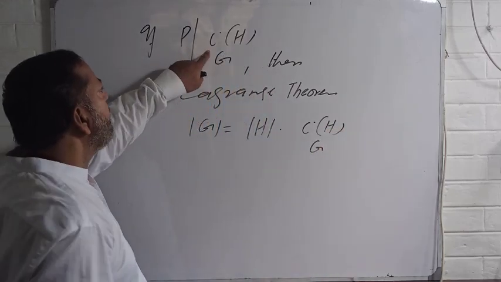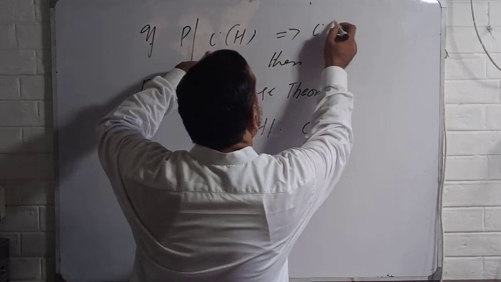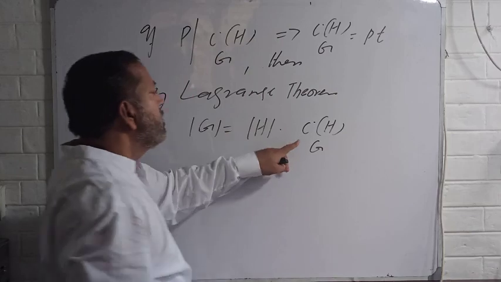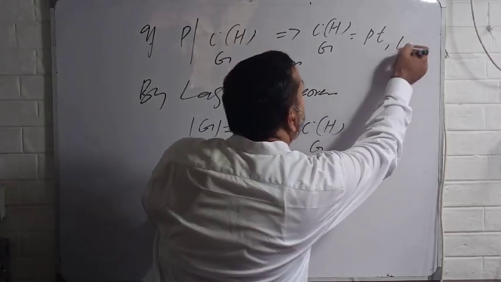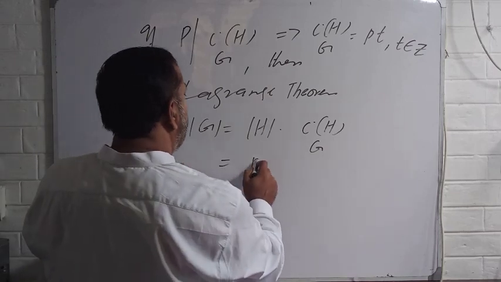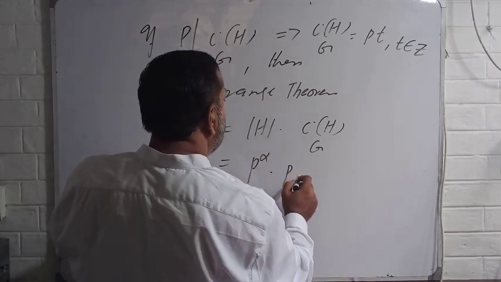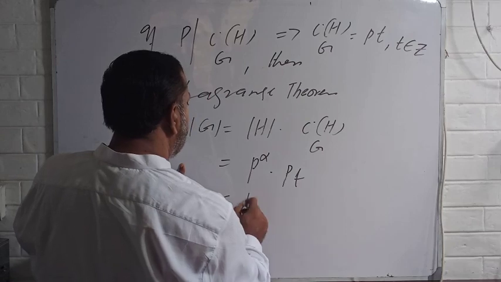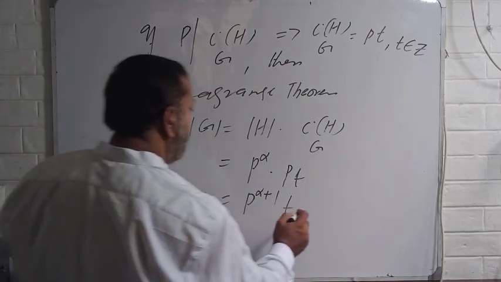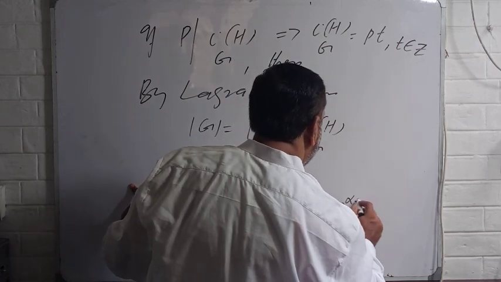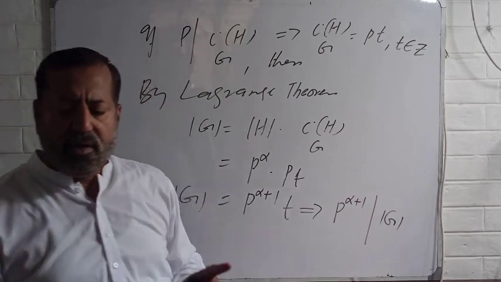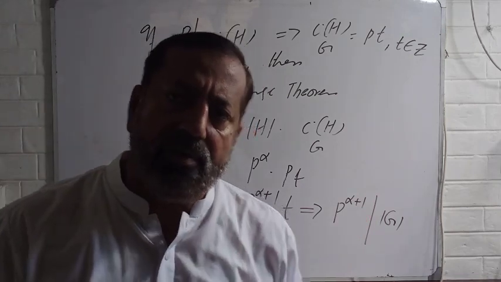If p divides the index of H in G, then the index of H in G must be equal to some pt, where t belongs to the integers. So putting in the values, this is p power alpha, this is pt, which is equal to p power alpha plus 1 times t. So this implies that p power alpha plus 1 divides the order of G, which is a contradiction against the fact that H was a Sylow-p subgroup, right?